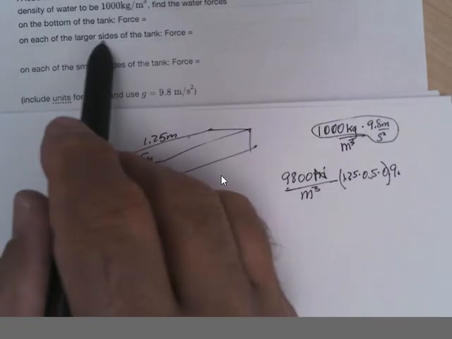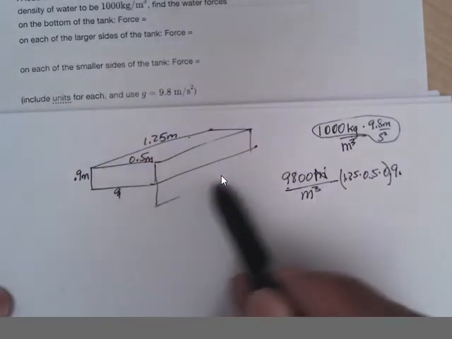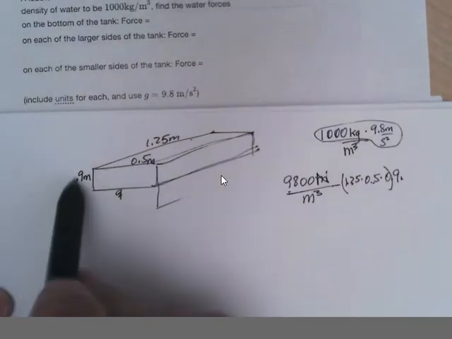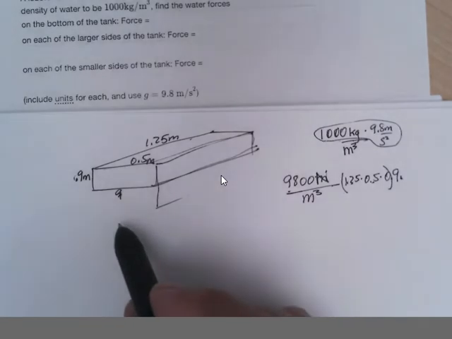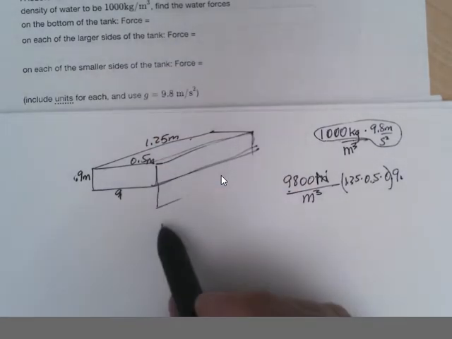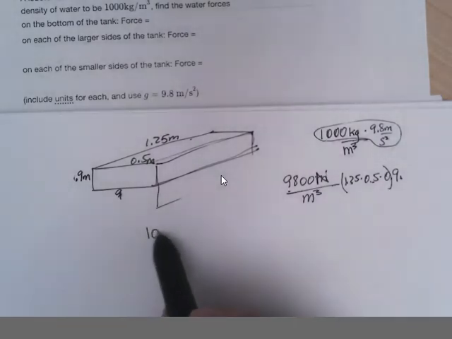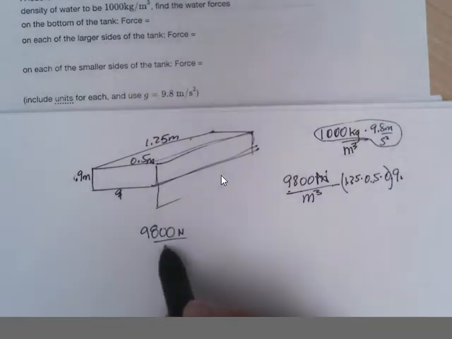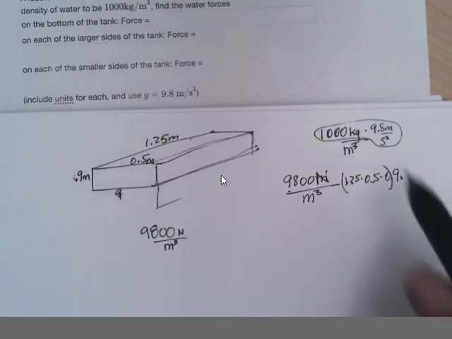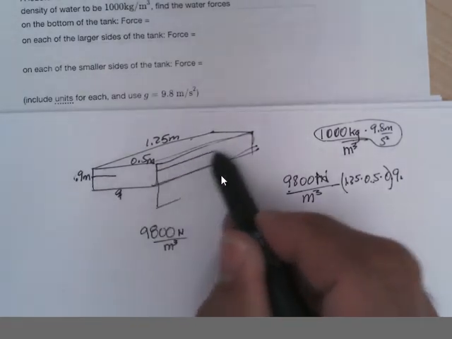On each of the larger sides of the tank, the force is. On the larger sides of the tank, this side, this is a smaller side, this is large. So we want the larger side. To get the pressure on that, the force on that, we'd have to do the weight density, 1000, actually 9.8 times 1,000. That would be newtons per meter cubed times, so we're going to add up little rectangles on here.